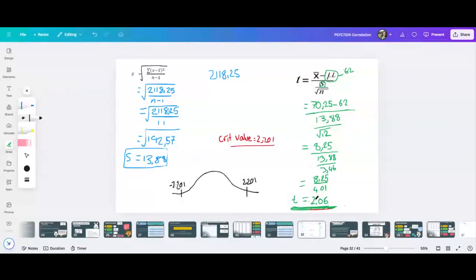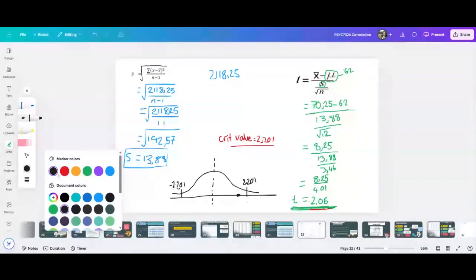Okay, so is our number 2.06 bigger or smaller than this number, 2.201? Put the midline in. Correct, it is smaller. So that means it would probably fall like here somewhere. I mean, close, but you know, on this side. So that would ultimately lead us to accepting the null hypothesis, that there is no difference, that they performed statistically not significantly different.